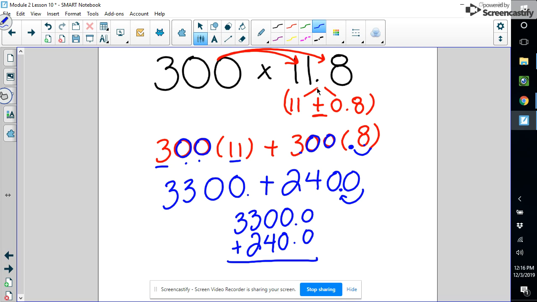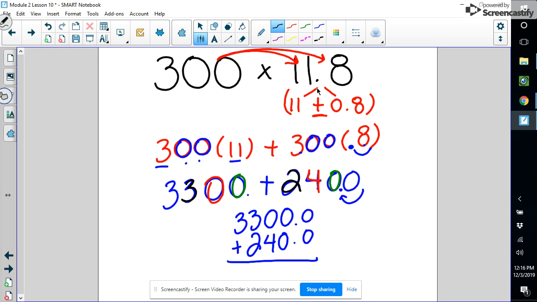So make sure that you're putting everything from the correct place value on top of each other. This 0 right here matches up with the 0 in the 240 because those are both in the ones place. My 0 right here and this 4 right here have to line up because they're both in the tens place. My 3 right here and my 2 right here are both in the hundreds place. So I have to make sure I'm lining everything up according to place value.